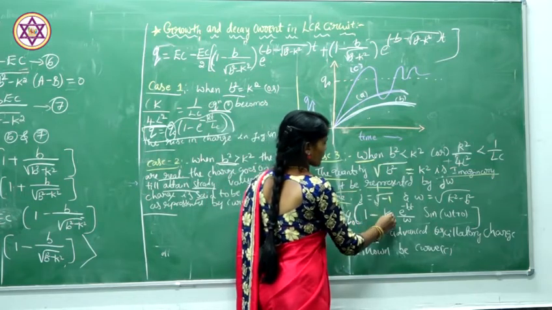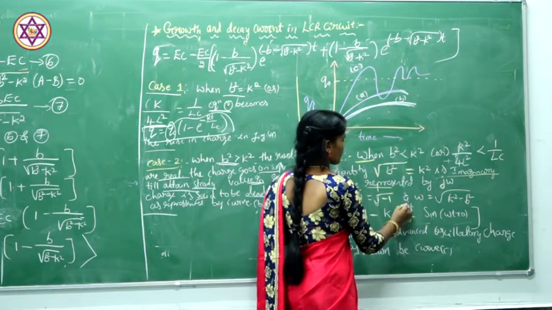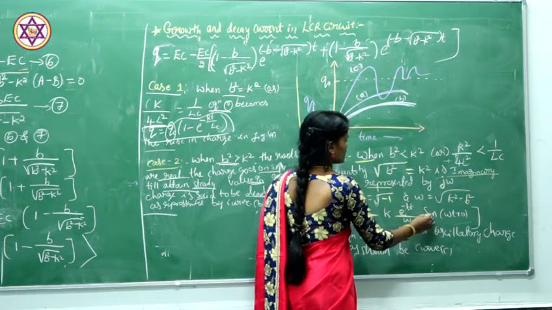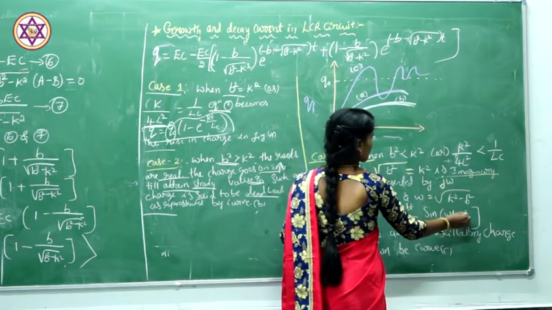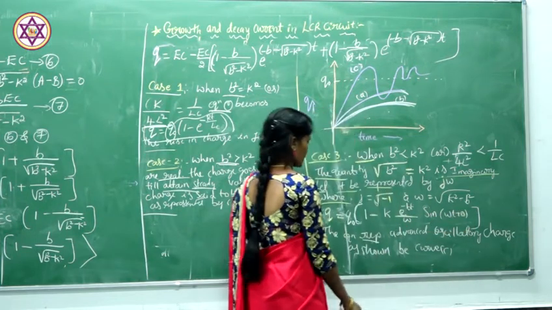Then we can write the equation Q is equal to Q naught into 1 minus k into e to the power of minus bt by omega sine of omega t plus theta.